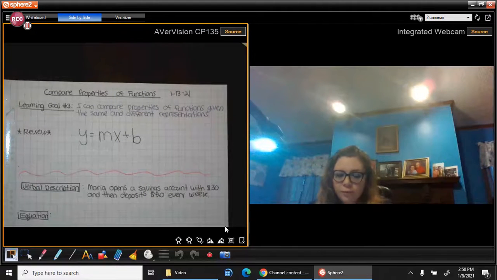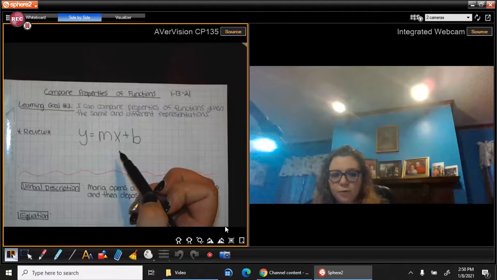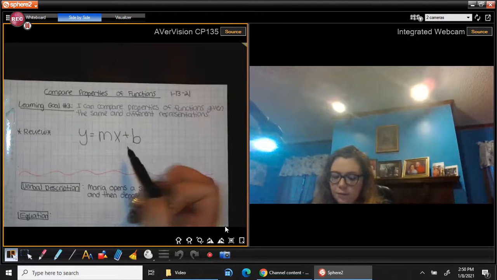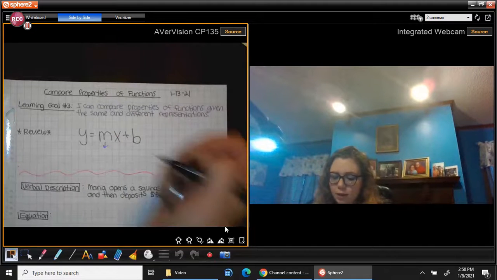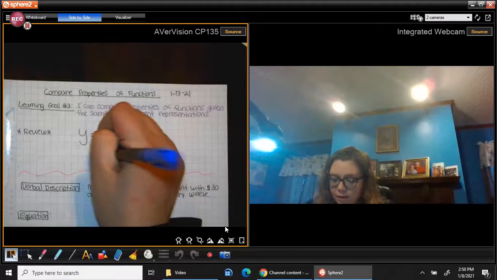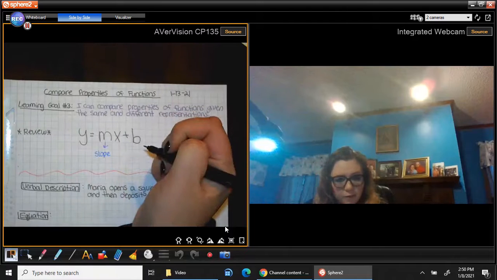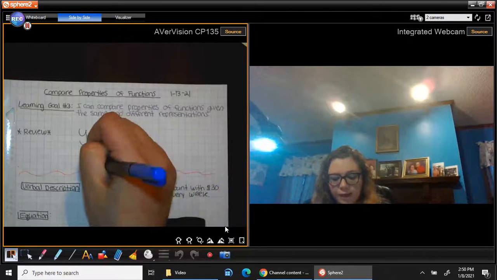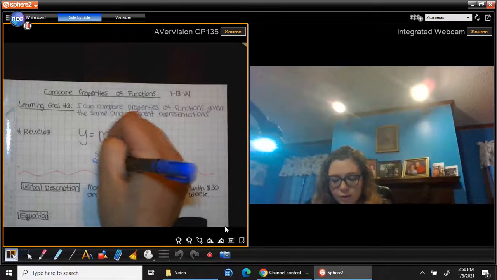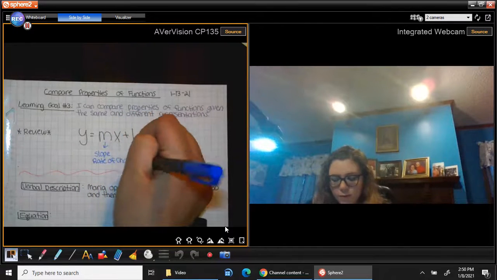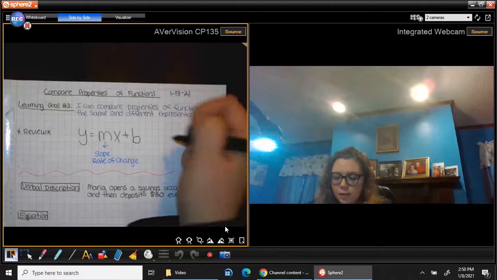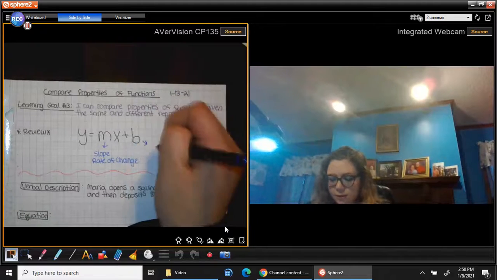So for review, you have slope-intercept form, which is the equation of a line. Okay, m is what? Is your slope. Slope is also called rate of change. Your b is your what?